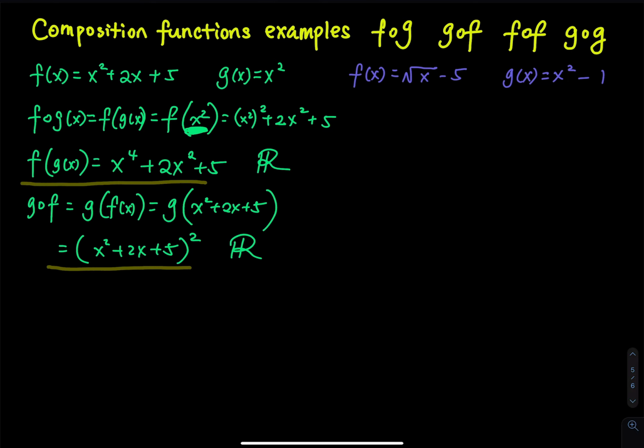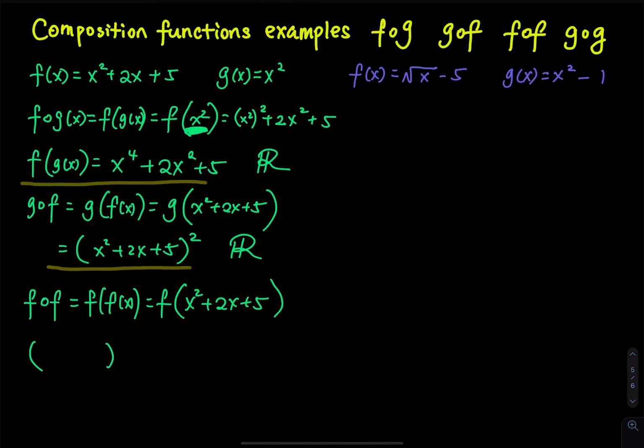And then moving on to f of f. So f of f, so that is f of f of x. So this is f of x squared plus 2x plus 5. So the function f was x squared, right? And then plus 2x plus 5. But that is no longer an x.